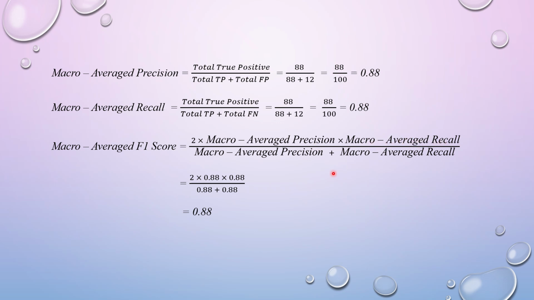So here we put micro average precision, which is 0.88, and the same micro average recall value is 0.88. So here we put these two values, 2 into 0.88 into 0.88 divided by 0.88 plus 0.88. After calculating, we get 0.88. So the value of micro average F1 score is 0.88.